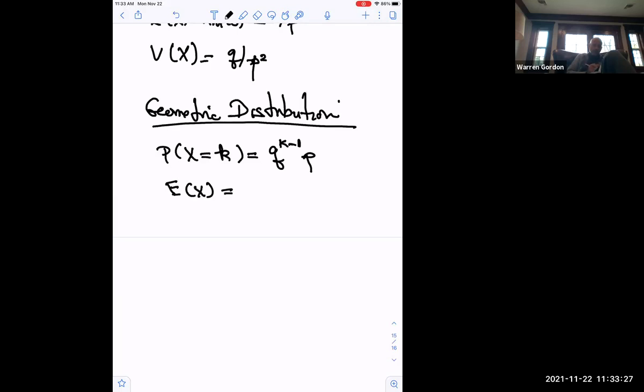E of X turns out to be 1 over p. The variance turns out to be q over p squared.